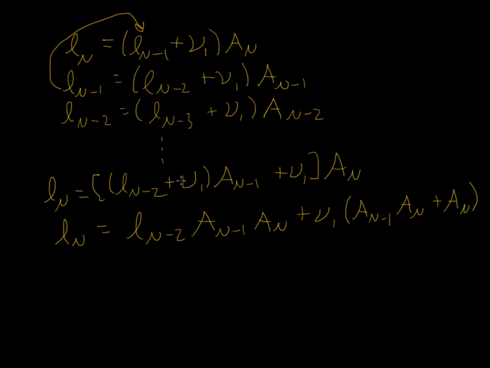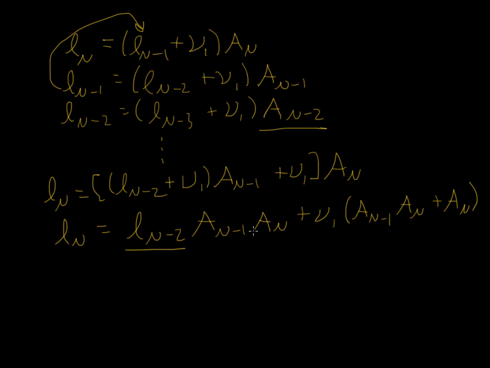And you see that for each substitution of one of these equations into the big equation, we wind up getting another A term in this first term, right? So we're always going to be substituting this L term with another one of these L terms, and that will add another one of these A terms to this first part of the equation.